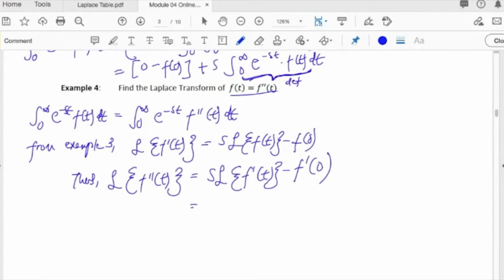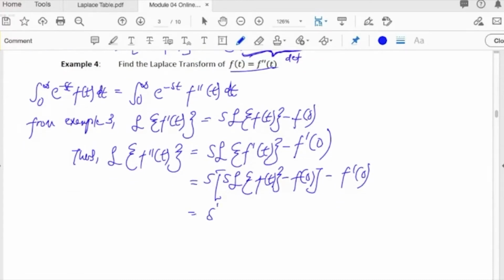Okay, so we have s times (s times the Laplace transform of f t minus f0). And finally, we have s squared times the Laplace transform of f t minus s f0 minus f prime 0. Okay?